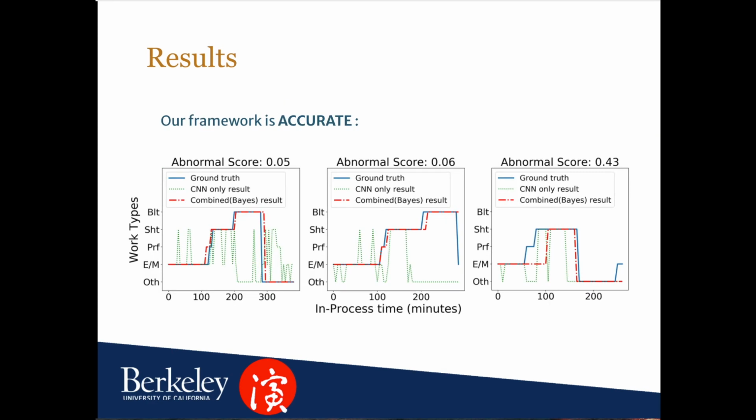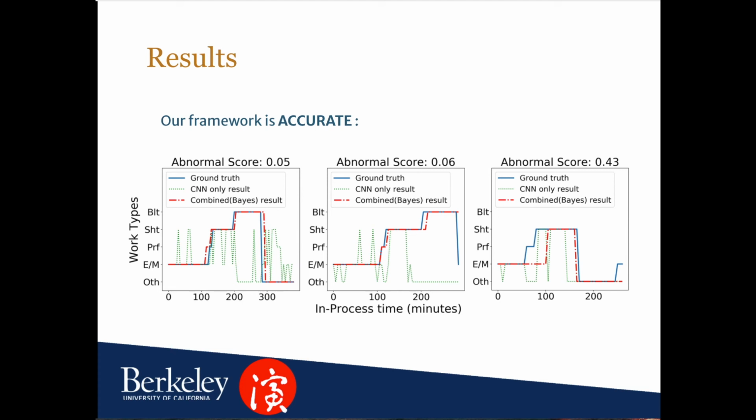The workflow identification results using our framework are very accurate, as shown by this figure, which has our prediction results on extracted cycles. The x-axis is the in-process time, and the y-axis is the work type inside one work cycle. The blue line is our ground truth.